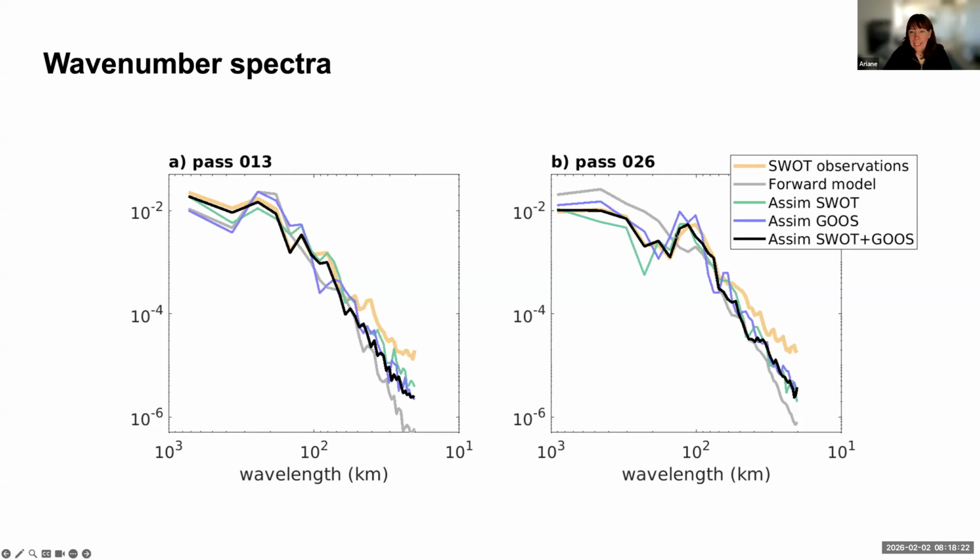And it's interesting that it has skill at some scales, but it's not doing as well as the state estimate that assimilates goose data set as well. And the blue curve is the assimilation that withheld SWOT data. And again, the skill is not nearly as good. So there is value in both data sets, I guess.